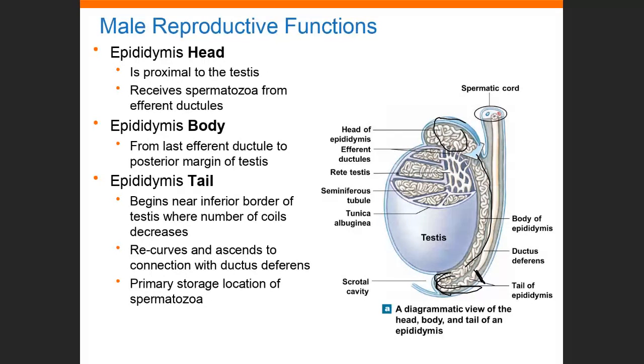If some male decides I want to try to reconnect, it is possible that if they can find the vas deferens or the ductus deferens and try to reconnect it, there could be a chance that sperm can still get through. There's also a chance that they could cut it, and if they don't cut enough and let it separate away, this could still be close enough that sperm could get through.